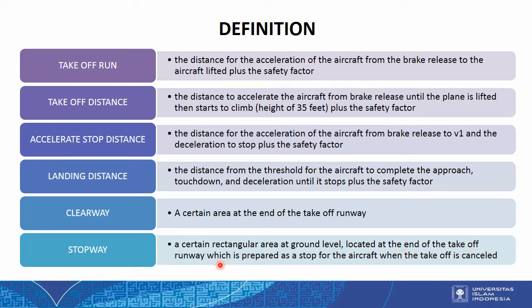The stopway is prepared as a stop for the aircraft when the takeoff is cancelled. So these are the definitions that we have to remember again, because we will use them in the next discussion to determine the length of the runway.